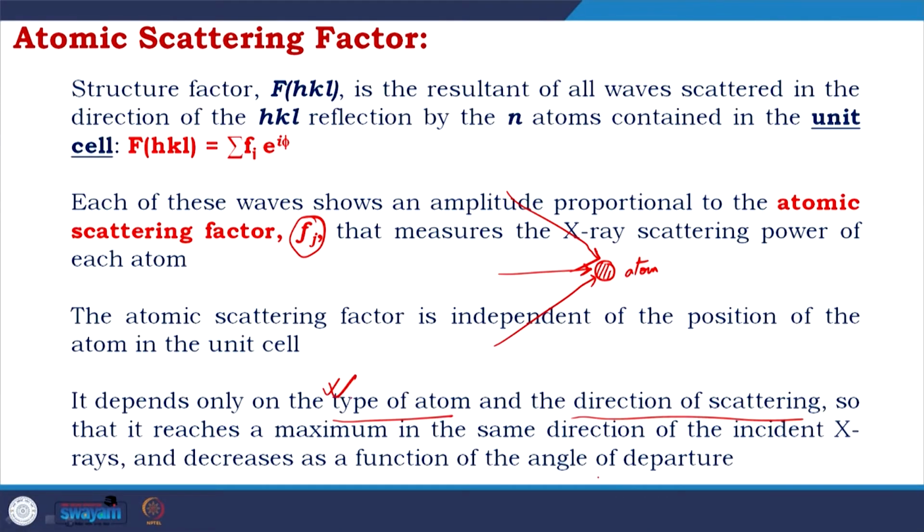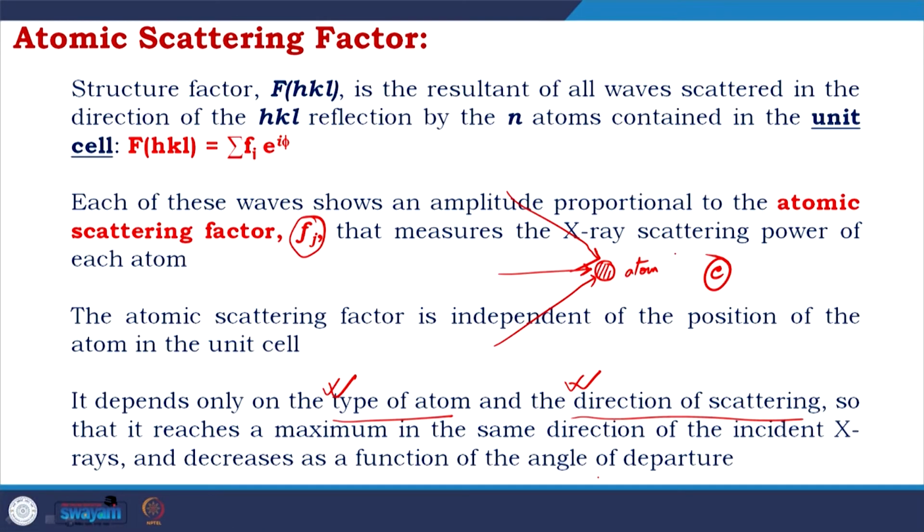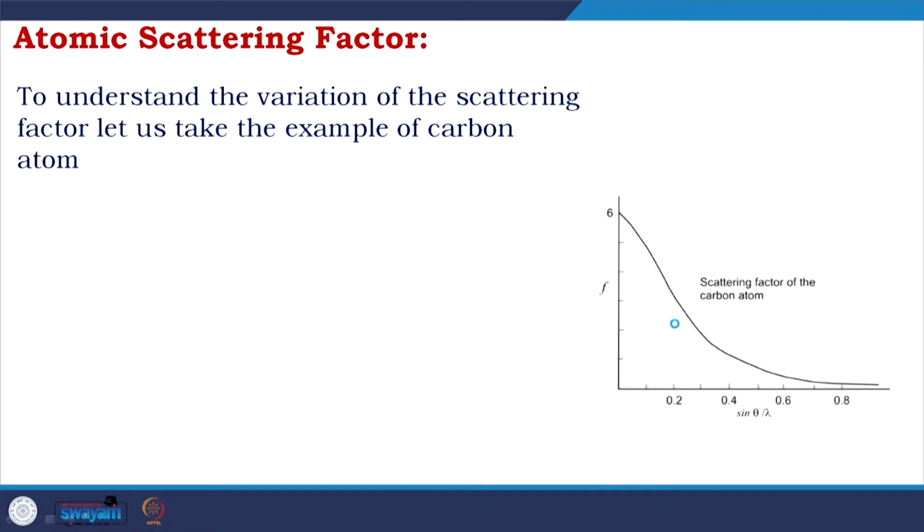So, it depends only on the type of atom, which we are going to discuss, and the direction of the scattering, not on where it sits but on what type of atom it is. Let us say it is carbon. I am going to discuss how, and from where the ray is coming.